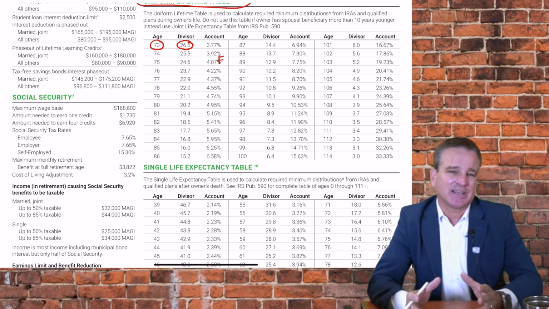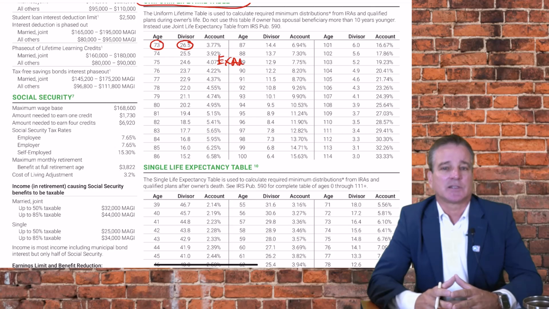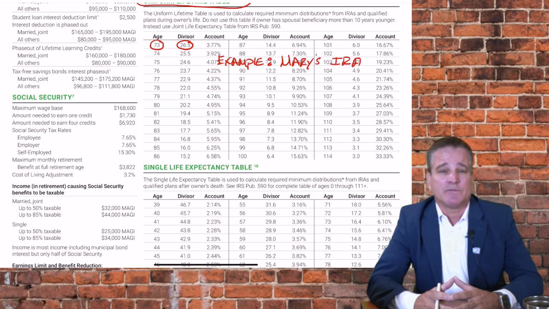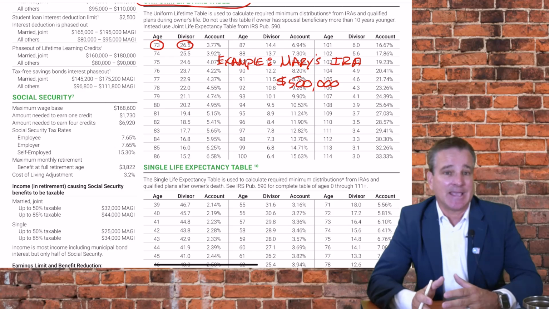So let's sketch out this little example, sticking with Mary from our previous example. So we already know Mary is turning 73 in October of 2024. We find her life expectancy factor on the Uniform Life Table is 26.5 at that age.